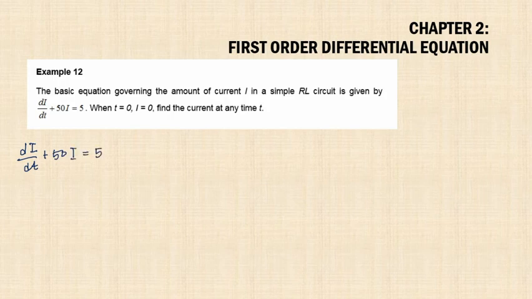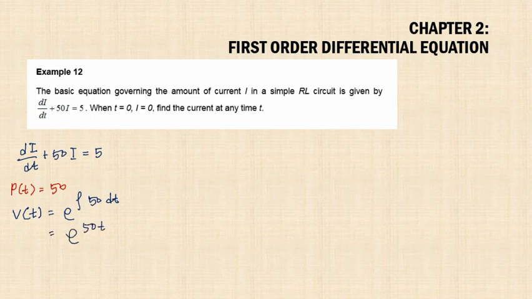As we can see, this is a linear differential equation where P of t equals 50. Then we can directly find the integrating factor V of t as e power of the integral of 50 with respect to t. So we have e power of 50t as the integrating factor.